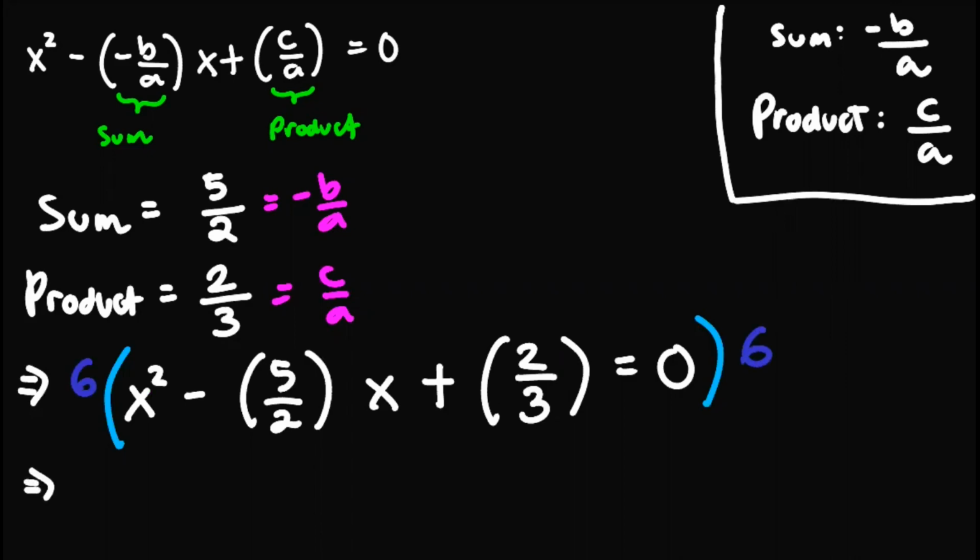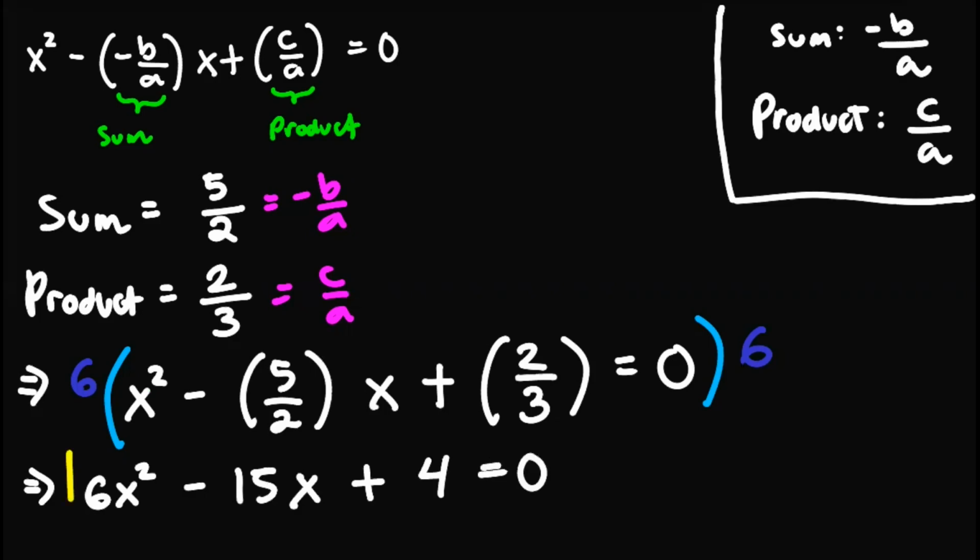So this will become 6x² - (6 times 5 is 30, over 2, that is) 15x + (2 times 6 is 12, divided by 3, that is) 4 = 0.